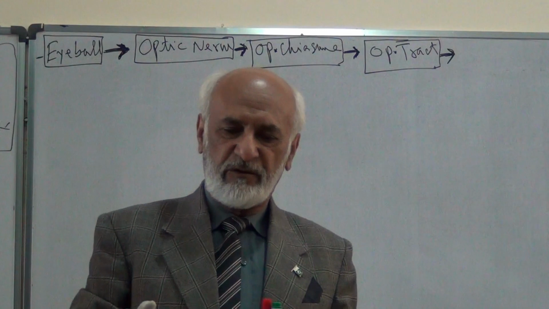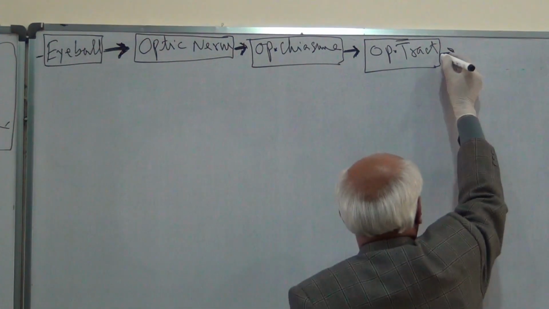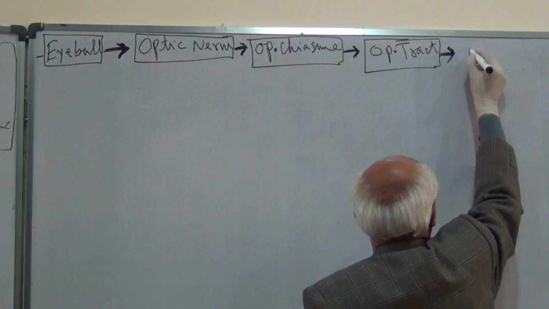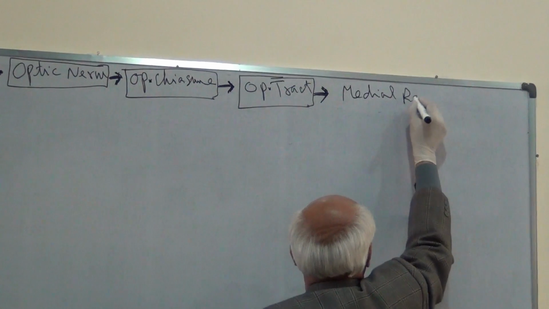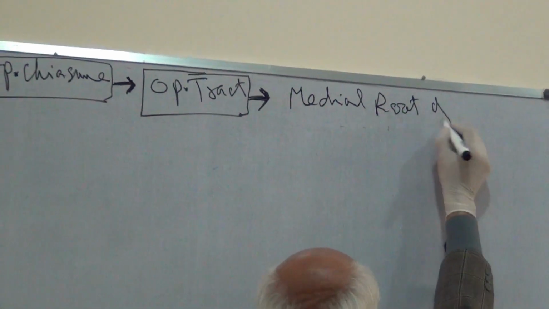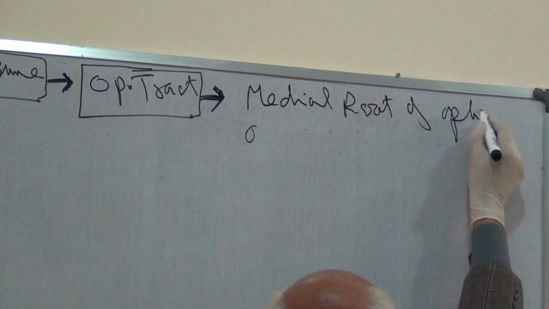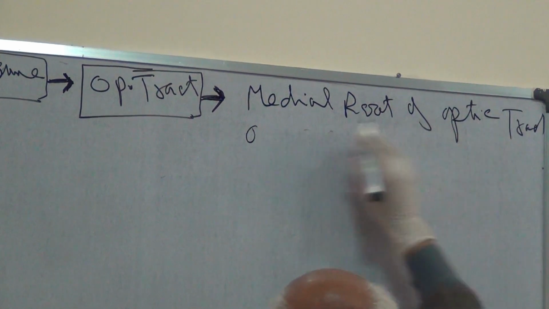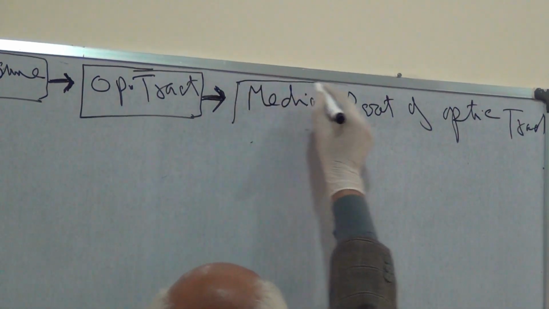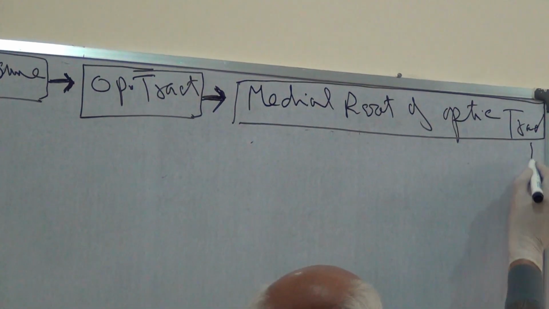But here, in the case of the pupillary light reflex, the fibers follow the medial root of the optic tract.